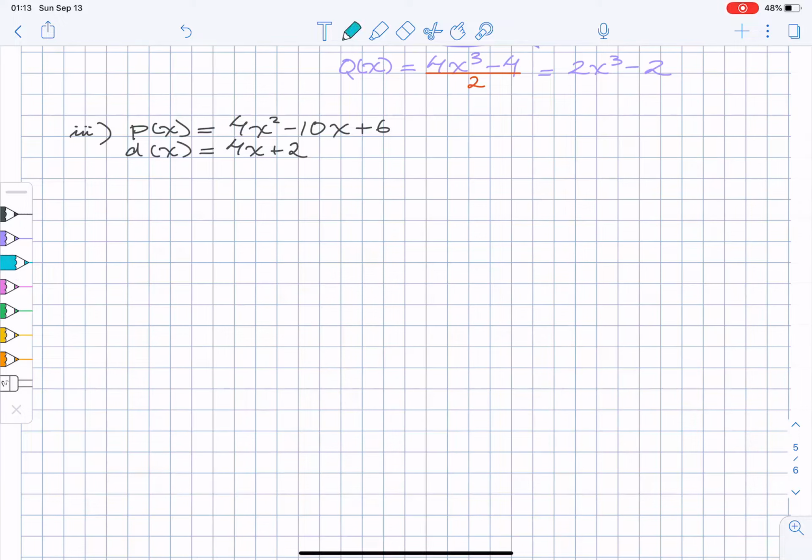Okay. So we have 4x squared minus 10x plus 6. And we're dividing this by 4x plus 2. But before we move on, let's note something.